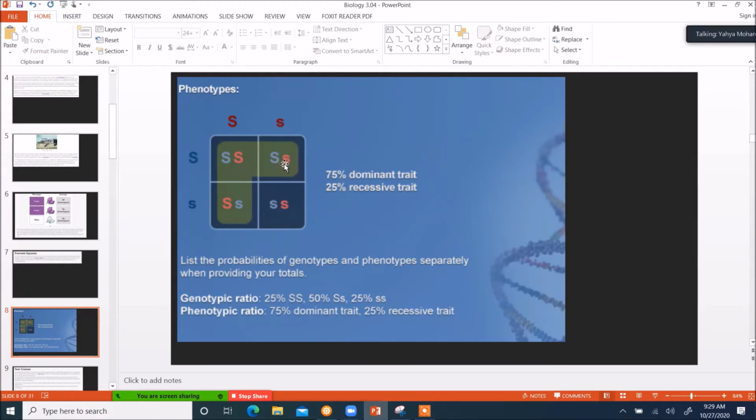Capital S, lowercase s. You see the colors, the blue and the red. Same thing. That's how they made these squares. So these four are the different possibilities for what the child could have.